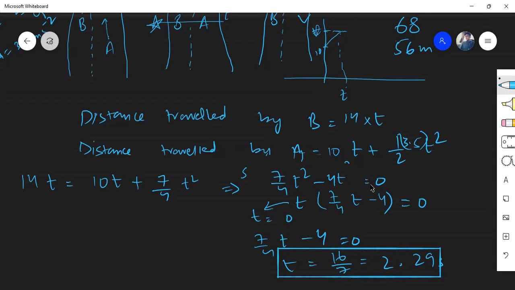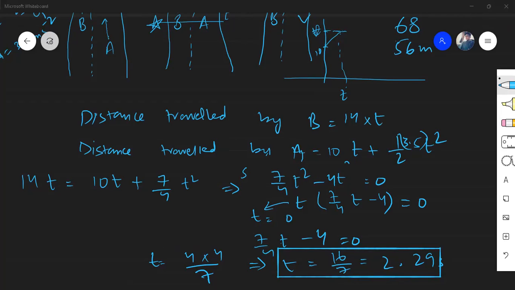I made t the subject from here, so t was 4 times 4 divided by 7. Is the math clear? Because the math isn't difficult, it's just a quadratic equation. Yeah, it's fine.